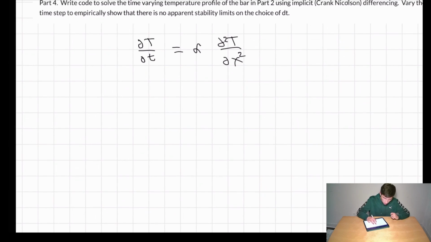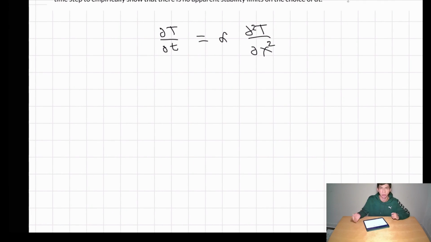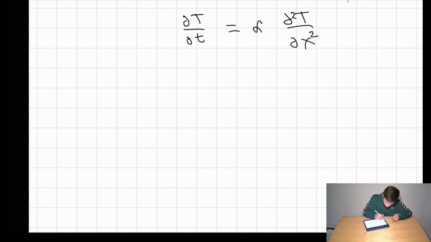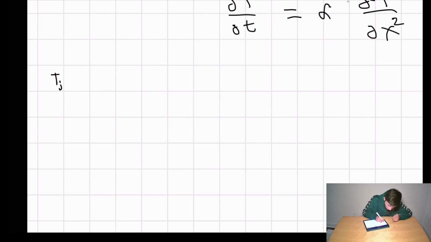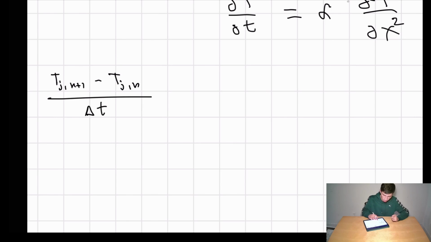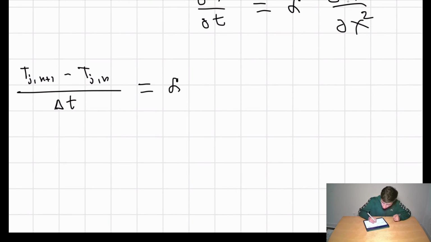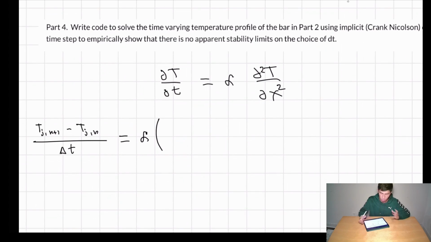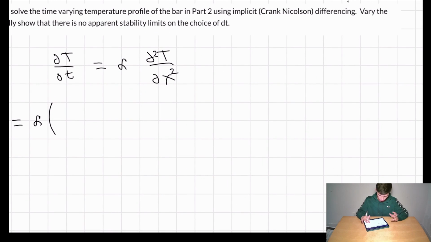The first derivative can also be expressed as the temperature at j at a later time minus the temperature at j at the current time, over delta t. That's going to be equal to alpha times... Previously, with the explicit method, we just took the second derivative, so we just found how the slope is changing.